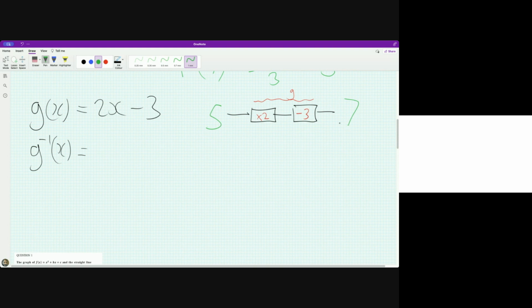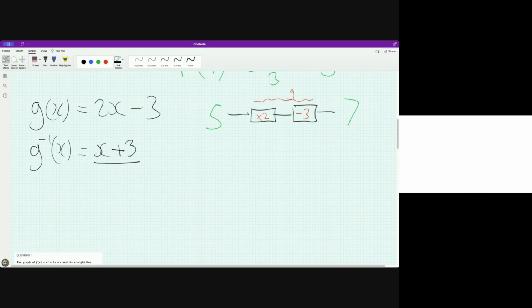If I'm going backwards, what do I have to do? What's the opposite of minus 3? It's plus 3. So I'm going to put x here, and I'm going to go plus 3. Is that the inverse, or do I need to do something more?